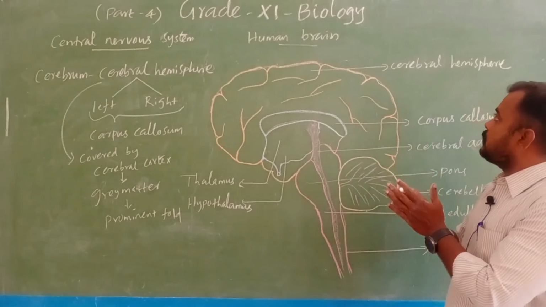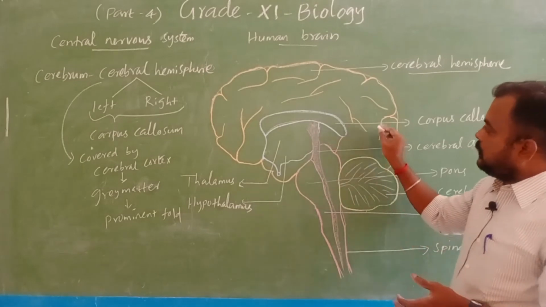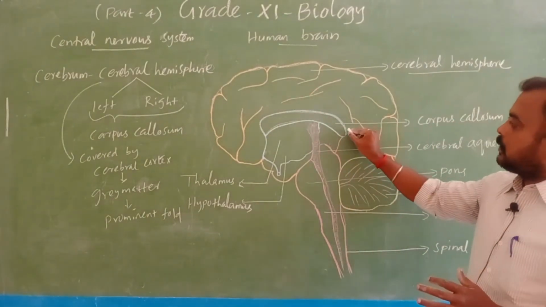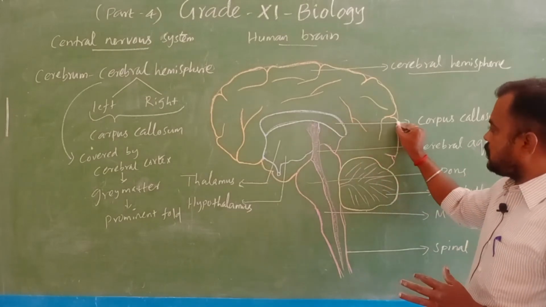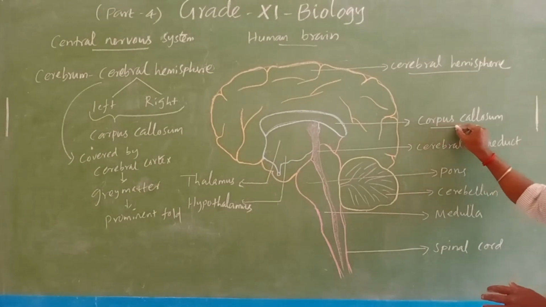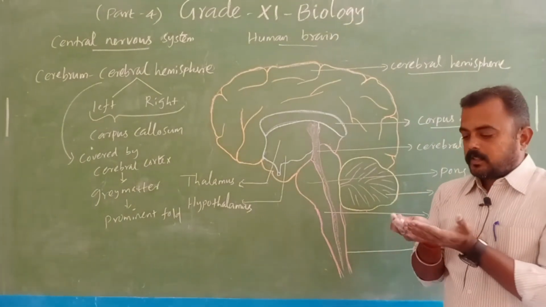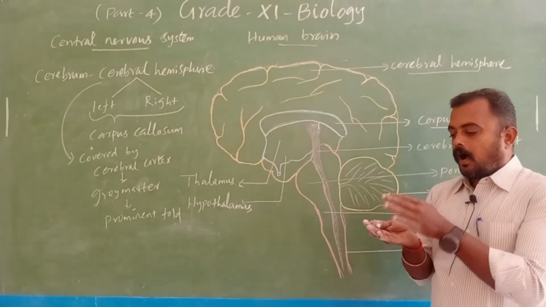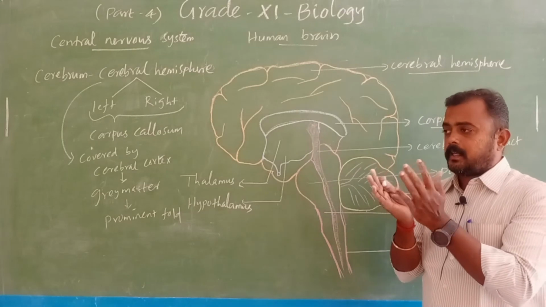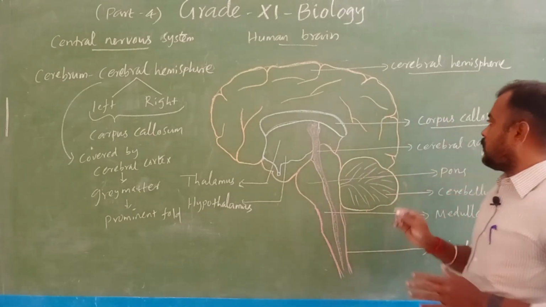This is the cerebral hemisphere. The two hemispheres, right and left, are connected by one nerve sheet. That nerve sheet is the corpus callosum.